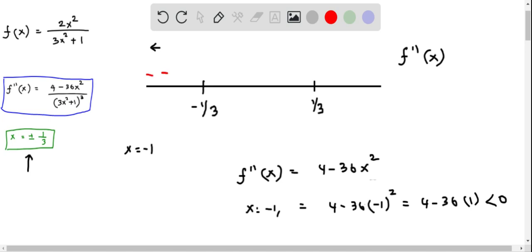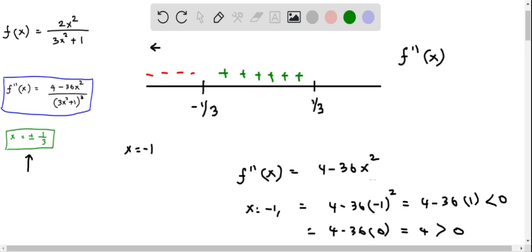So let's mark this as negative. Now let's consider any random point in the interval between x equal to negative 1 by 3 and 1 by 3. We can consider 0. When you plug in 0, it becomes 4 minus 36 times 0, and this is 4, which is greater than 0. So we mark positive in this interval.